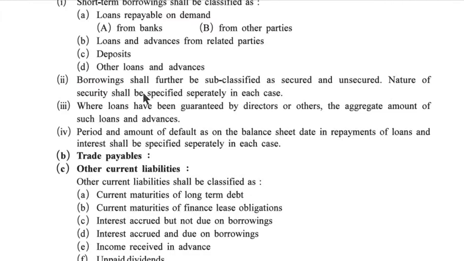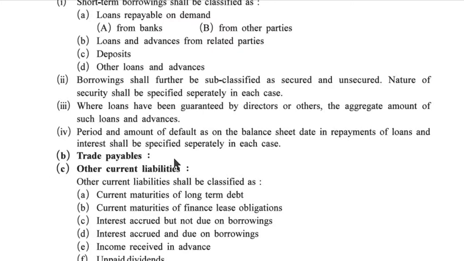Nature of security shall be specified separately in each case. Third, where loans have been guaranteed by directors or others, the aggregate amount of such loans and advances. Fourth, period and amount of default as on the balance sheet date in repayment of loans and interest shall be specified separately in each case.